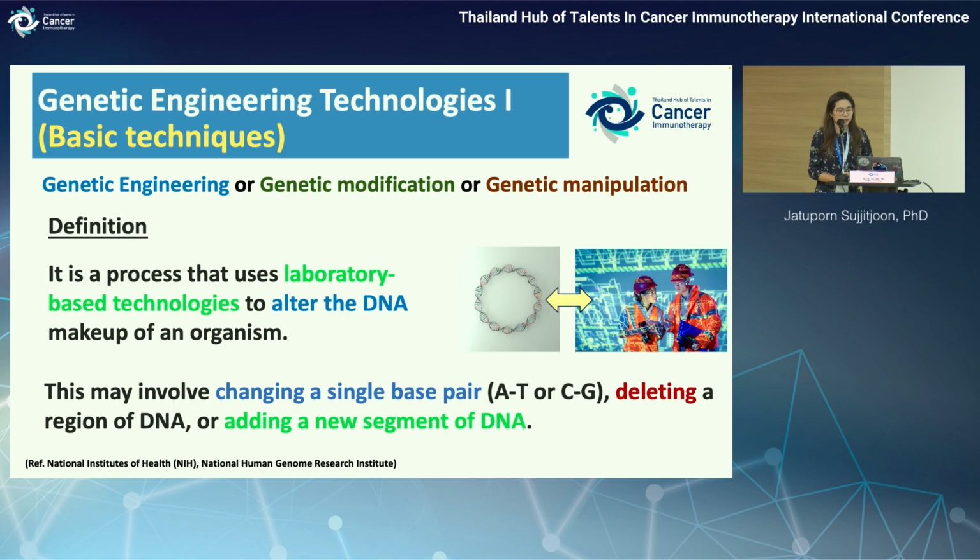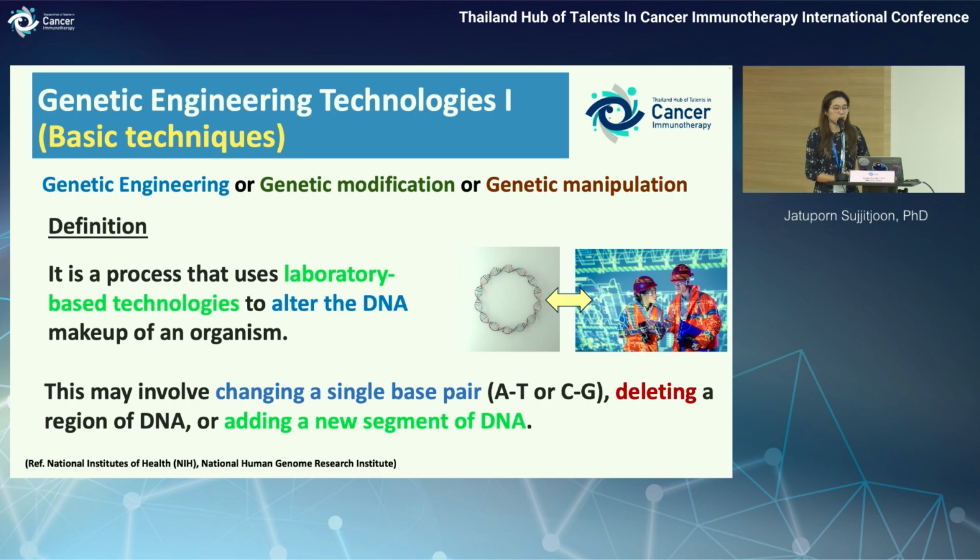Here is genetic engineering, also called genetic modification or genetic manipulation. The definition of genetic engineering, described by the NIH, is a process that uses laboratory-based technologies to alter the DNA makeup of an organism.